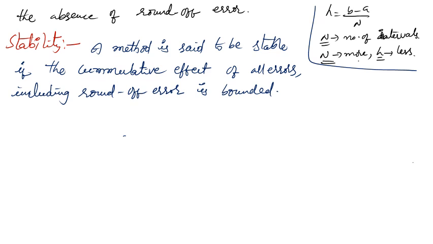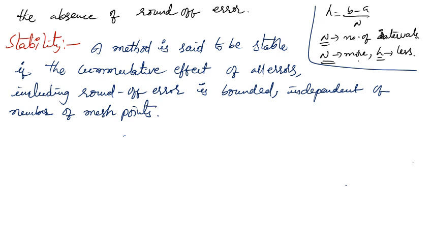That means whatever the error, maybe round off error or local truncation error, all the errors must be bounded. Then the method is said to be stable. And bounded in what condition? Independent of the number of mesh points. This is about stability.